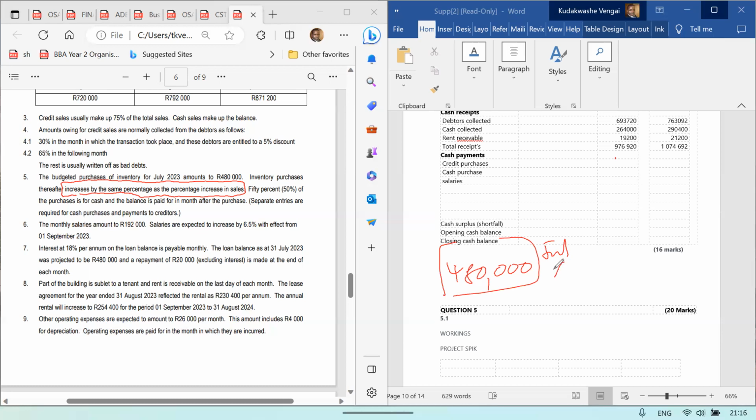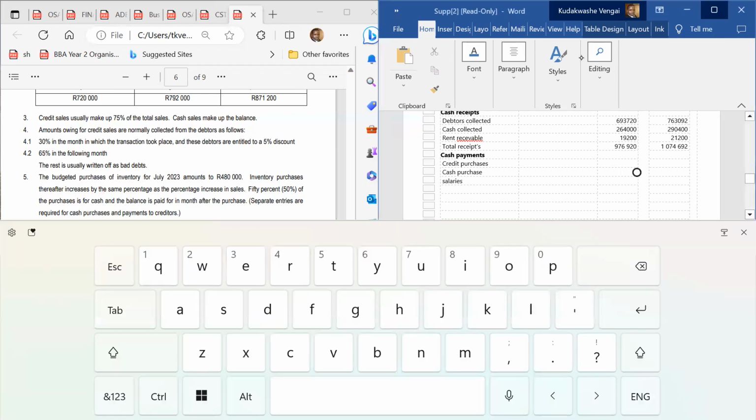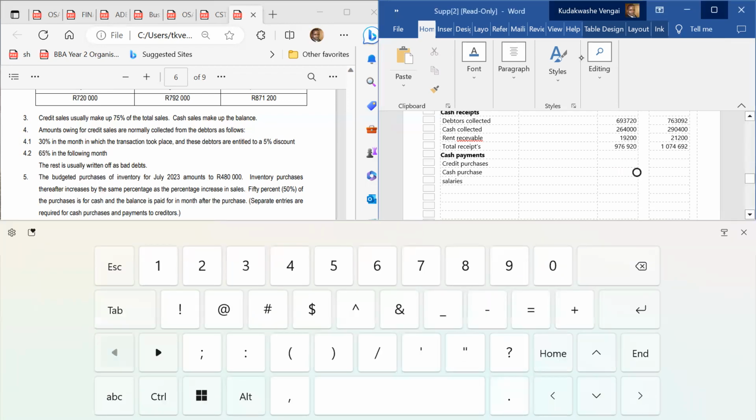So we might as well multiply this by 0.5 and put it under credit purchases for August. Because it was paid in August, it was not paid in July, right? Because remember, half of it cash was paid in July, half of it credit was paid in August. So 0.5 multiplied by 480 gives us 240. So 240 here.